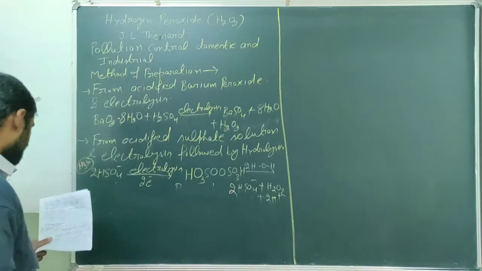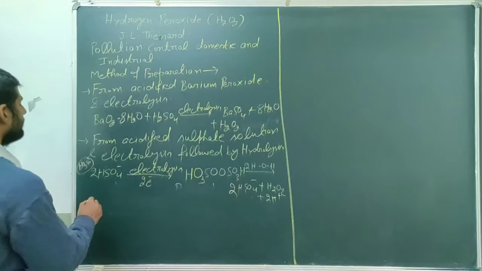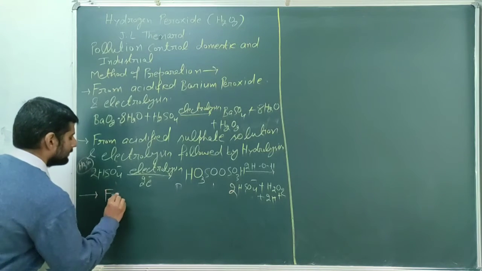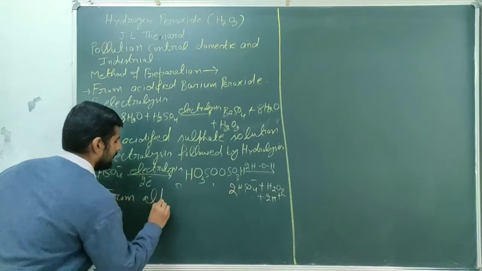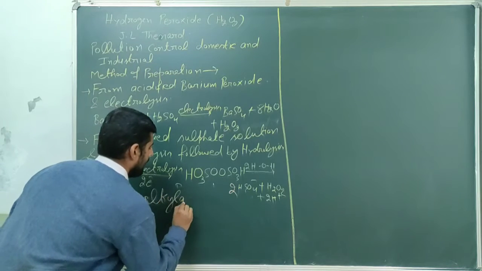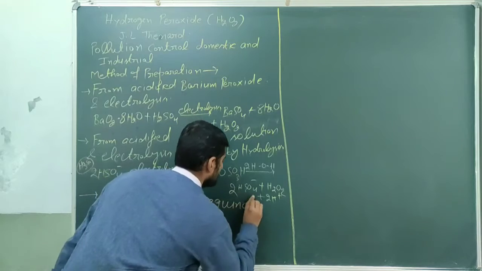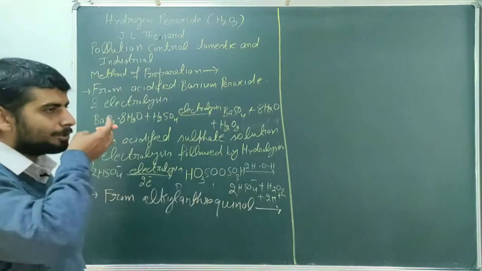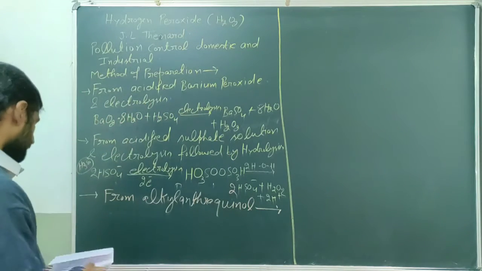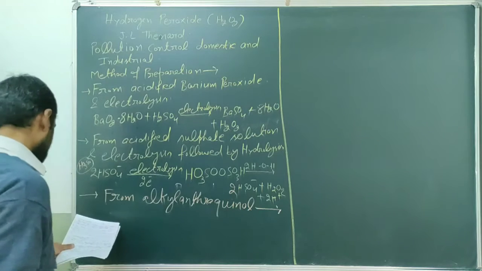Another is from alkyl anthraquinone. The third one is from alkyl anthraquinone. From this method we can also prepare H2O2. In this method we use 2-ethyl anthraquinone.